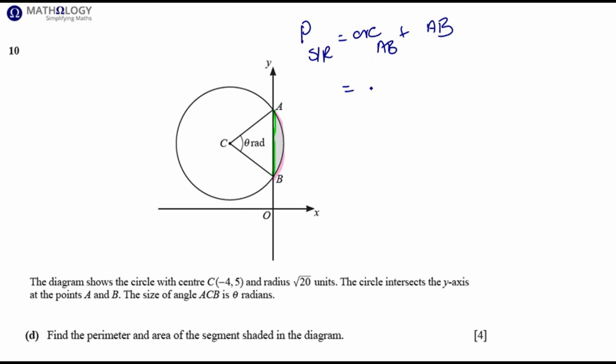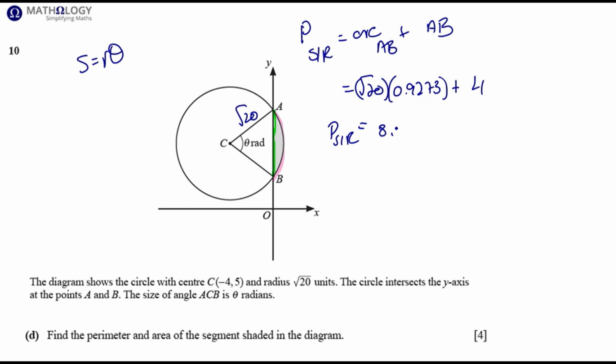So the arc length of AB, remember that arc length equals radius times the arc angle. So the radius is root 20. So the arc length will be root 20 times the arc angle theta, which is 0.9273, plus the length of AB, which we know is 4 units. So the perimeter of the shaded region equals 8.147, so 8.15 units.